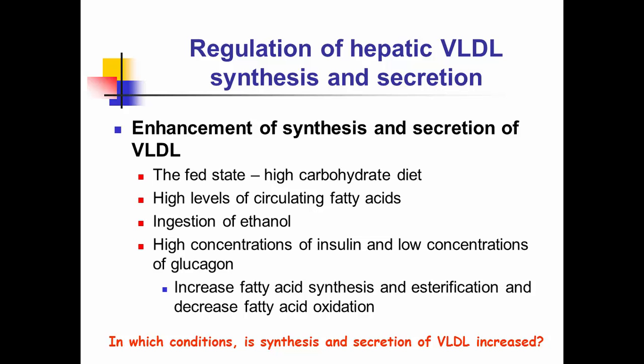And then with the intake of alcohol, in this condition you also have a lot of fatty acids synthesized in the liver, at high concentration of insulin and low concentration of glucagon, which is actually the fasting condition, right? So you can increase the fatty acid release. We already talked about it.